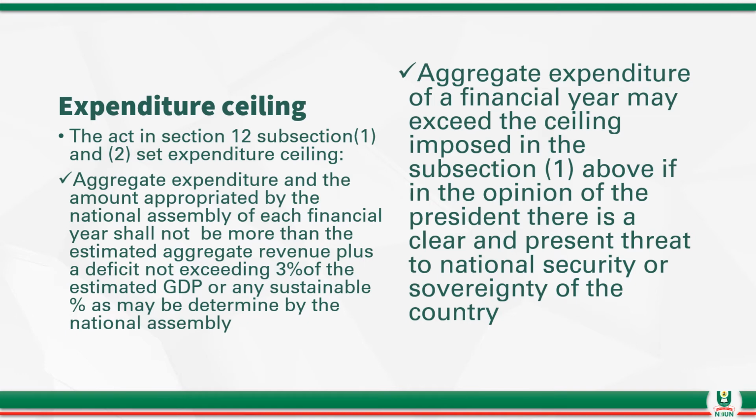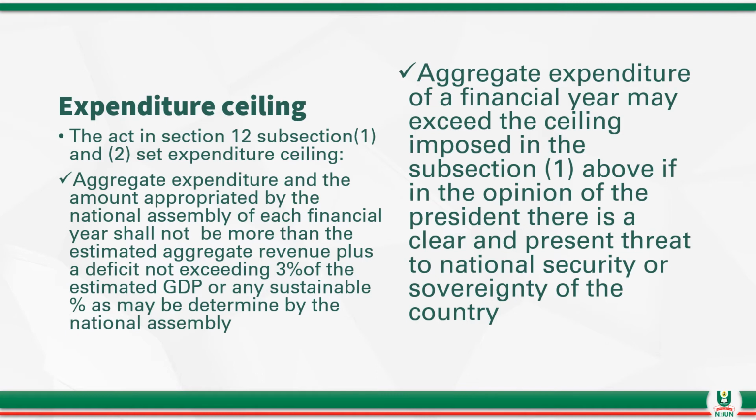According to that section, aggregate expenditure, an amount appropriated by the National Assembly of each financial year, shall not be more than the estimated aggregate revenue, that is a balanced budget, plus a deficit not exceeding 3% of the estimated GDP, gross domestic product, or any sustainable percentage as may be determined by the National Assembly. This aspect is the powers of the National Assembly.